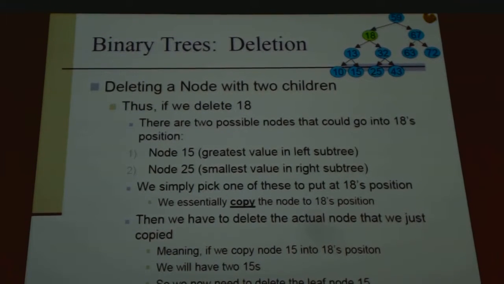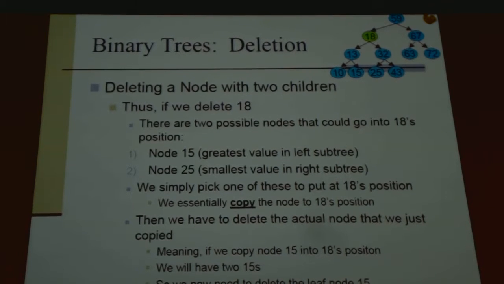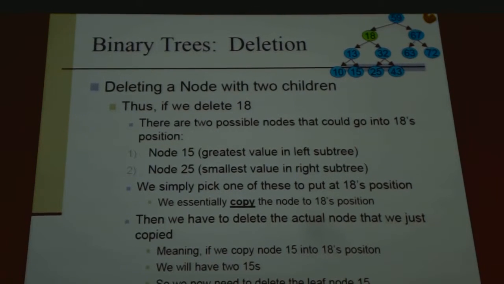If we want to get rid of 18, our possible nodes that can go in 18's position are either the largest value on its left child or the smallest value on the right child. Then we just pick one of those values and copy it in there. First we actually copy that node in there. So for a moment, you'll have 2 instances of 15, and then you delete the original and keep one of the 15s.